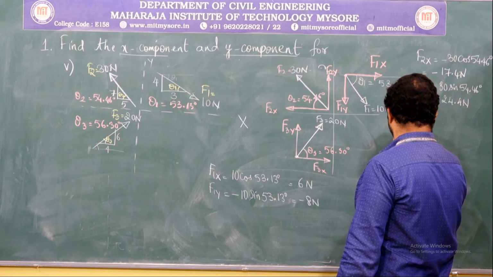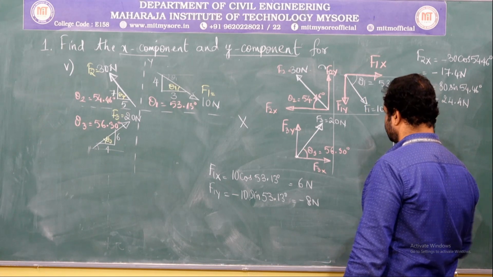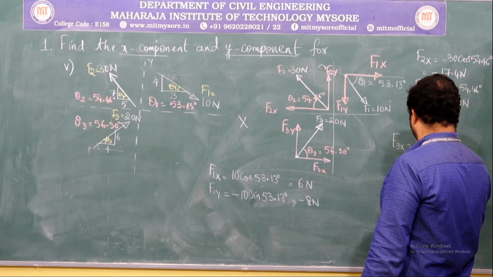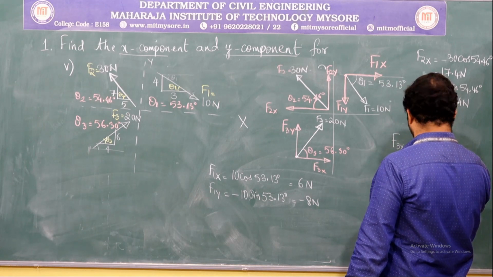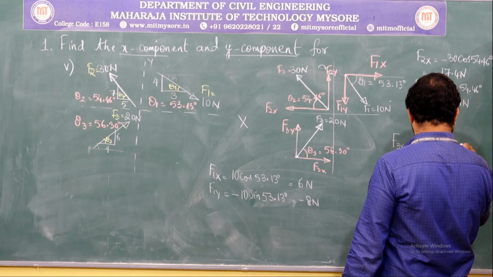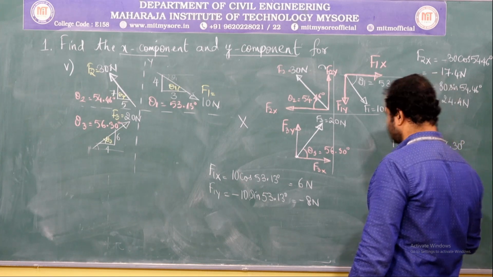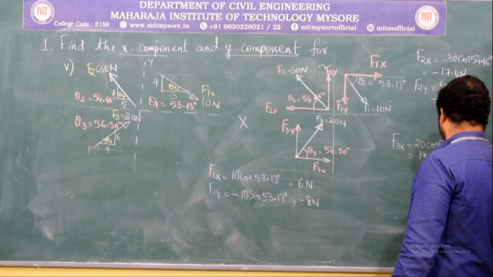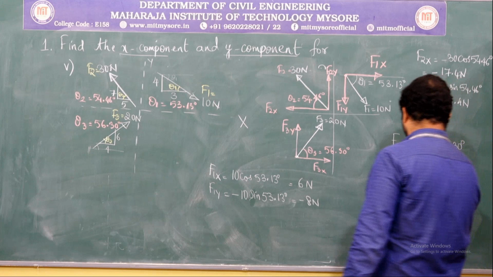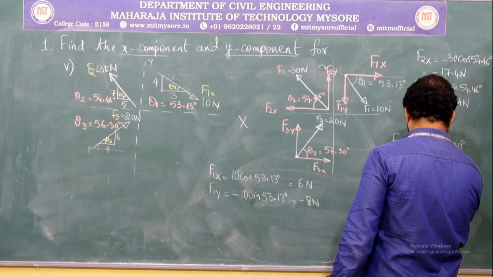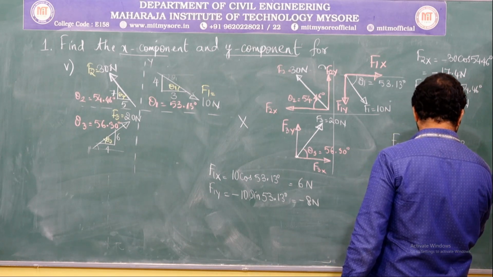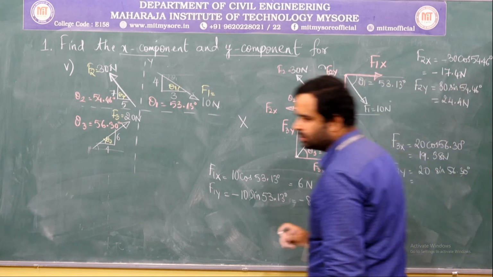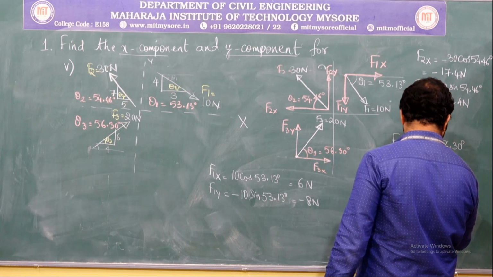And at last we have the third force, F3x is equal to, it is acting towards right, so 20 cos 56.3 degrees, which is equal to 19.38 Newton, and F3y is equal to 20 sin 56.3 degrees, which is equal to 16.6 Newton.